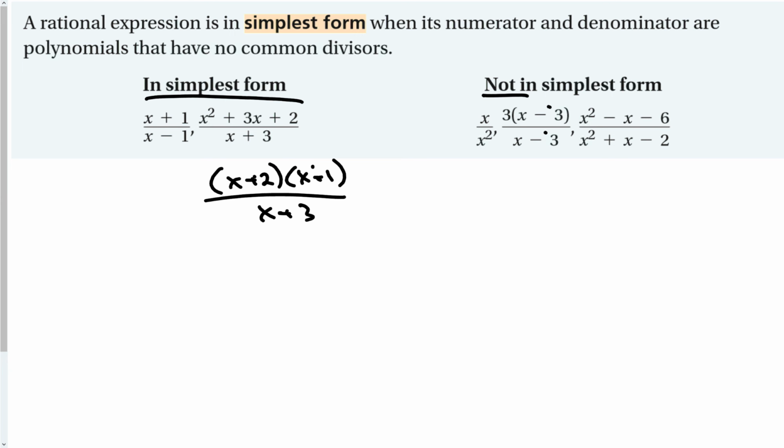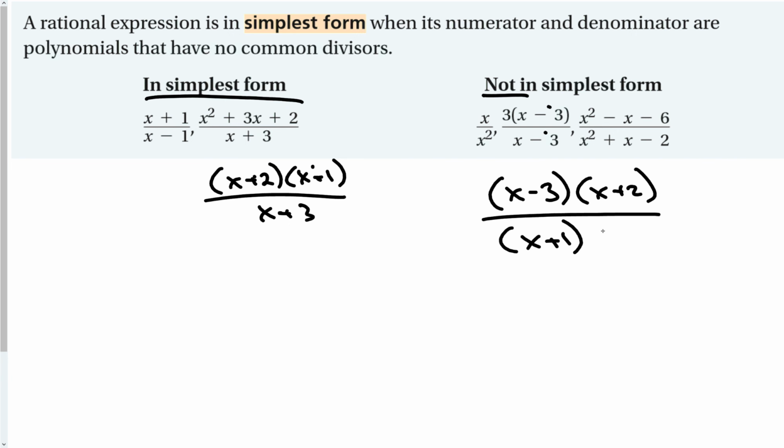So what you want to do is factor it. The top factors of 6 that subtract to -1 are x minus 3, x plus 2, over factors of 2 that subtract to a positive 1, x plus 1, and x minus 1, x plus 2.